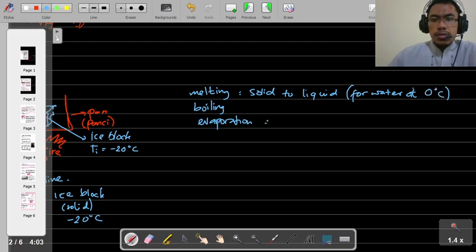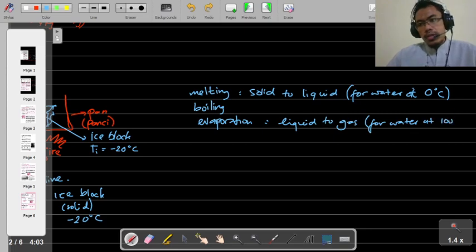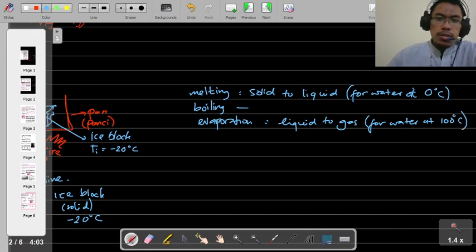And then evaporation is liquid to gas. For water, it happens at 100 degrees Celsius. So what about boiling?